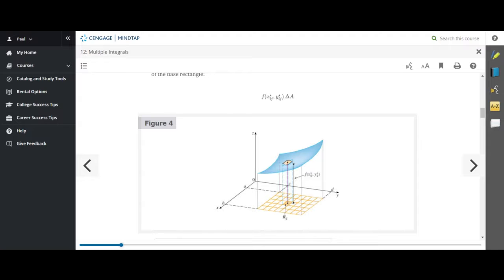Do you see in figure 4 a box? They've drawn it in with dashes, but you see the blue dashes there outline a box? Yeah, that's right, and it's a box, and the function value times delta A would give you what of that box?